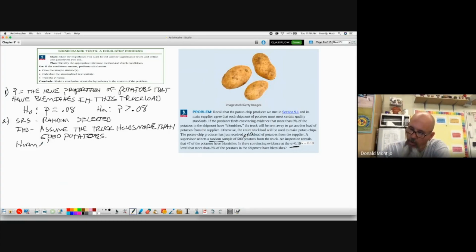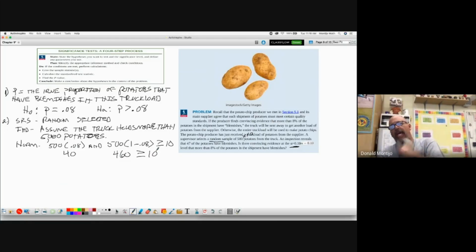So n, 500, times p naught, 0.08, and n times 1 minus p naught both have to be greater than or equal to 10. Well, this is 40 and this is 460. They're both greater than or equal to 10. Yes, we are allowed to do this problem.